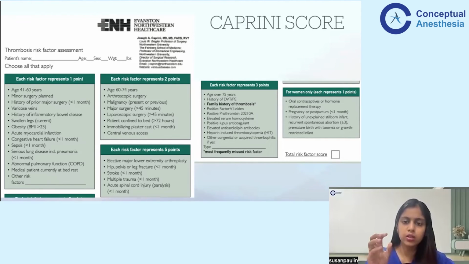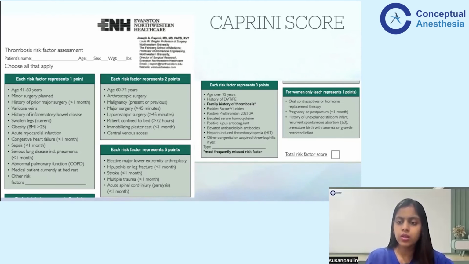Then there are specific disease-related factors such as family history of thrombosis, factor V Leiden mutation, or prothrombin mutations. These are specific factors applicable to patients who come under high-risk categories and will be given points according to this score.